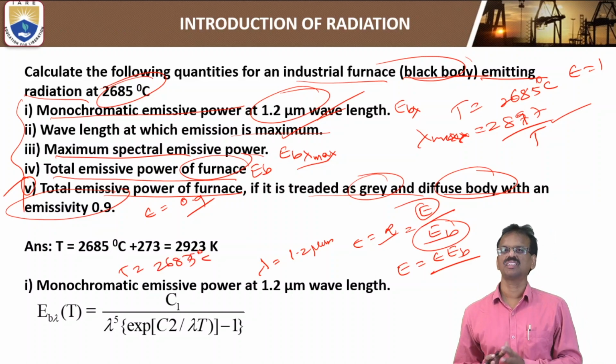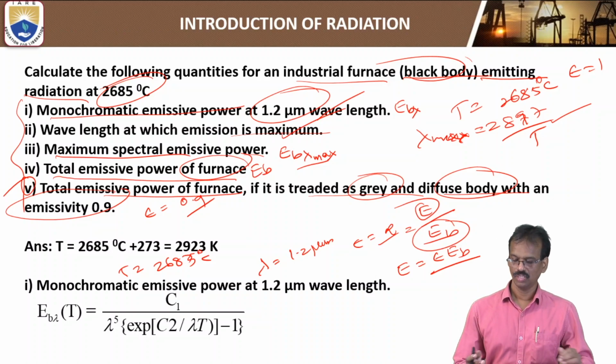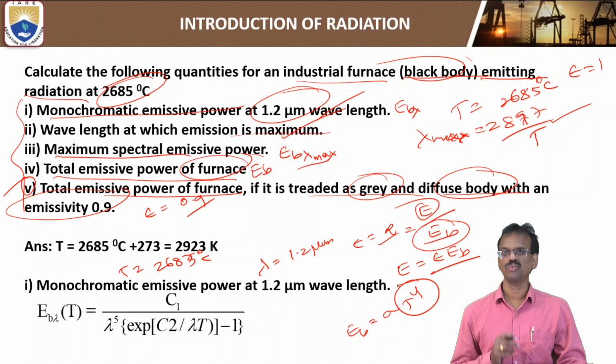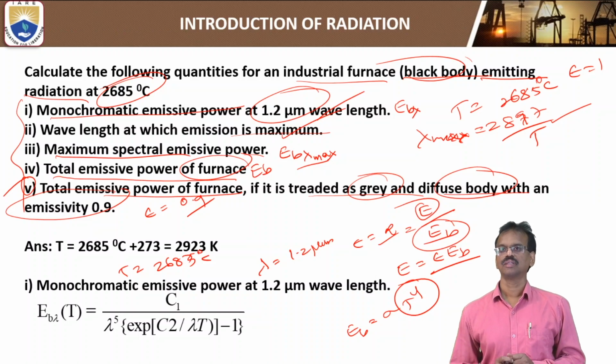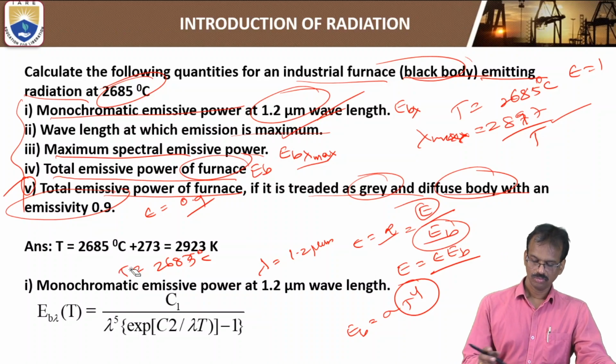In radiation, every temperature in degrees Celsius should be converted into kelvins, because powers of temperature appear in radiation. According to the Boltzmann law, E_B is equal to sigma T to the power of 4, the fourth power of the absolute temperature. So we have to convert the temperatures to Kelvin.